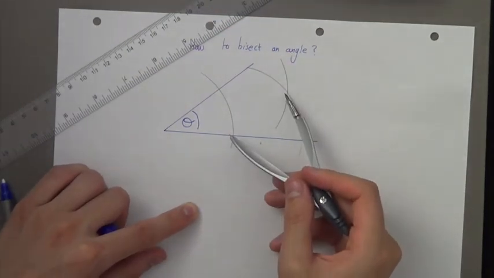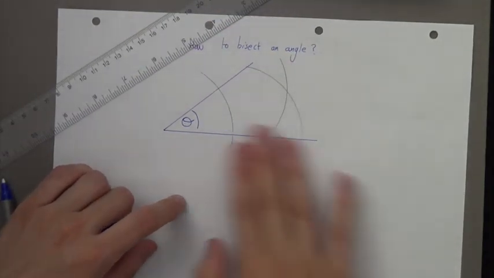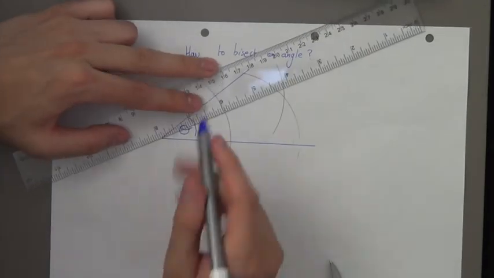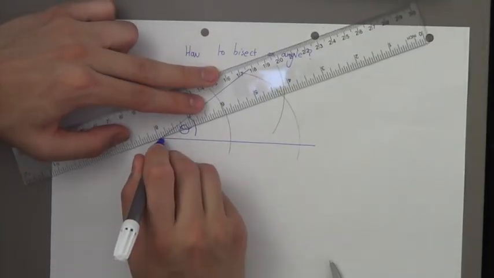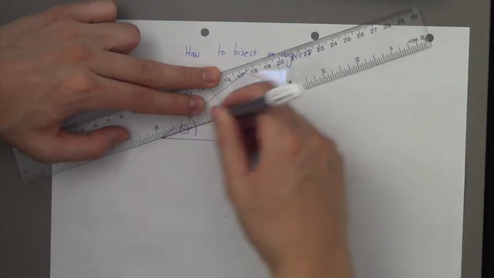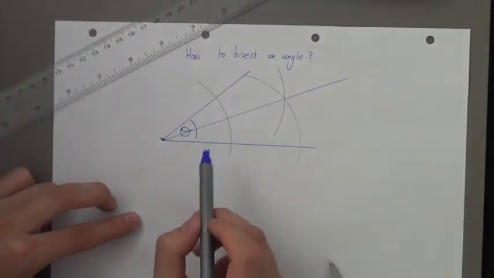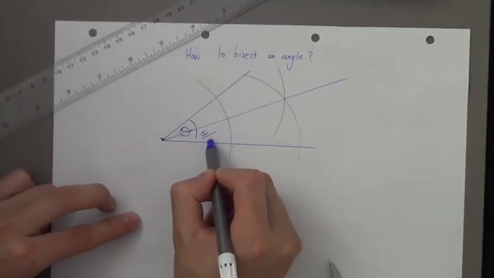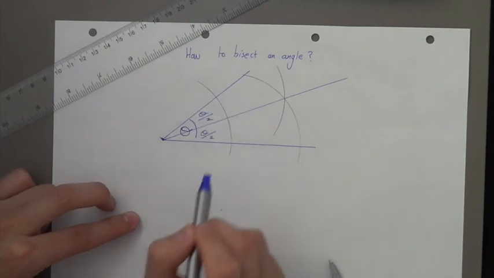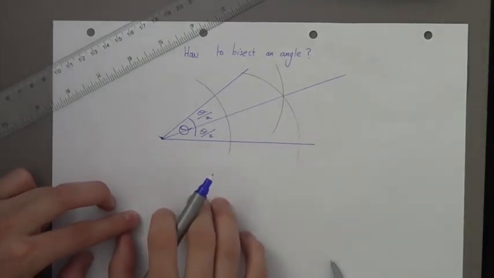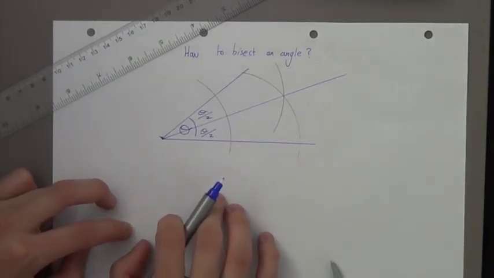Where these two arcs intersect will be the angle bisected, cut in two, and therefore this is Q over 2. So that's how you bisect an angle, and that's the end of this chapter.